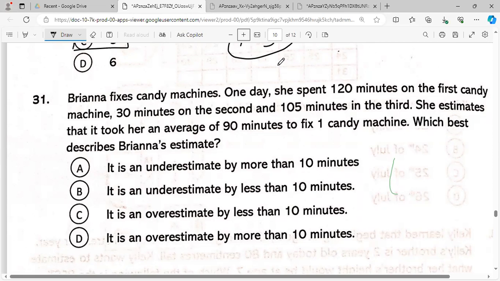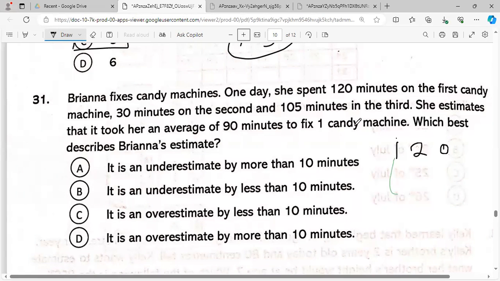So the statement that best describes the estimate would be C, sir, overestimate by less than 10. It wouldn't go over 10, sir, because she overestimated it by exactly 10, so it wouldn't pass 10. All right, if what you say is 80 minutes, I think you have a very valid point.